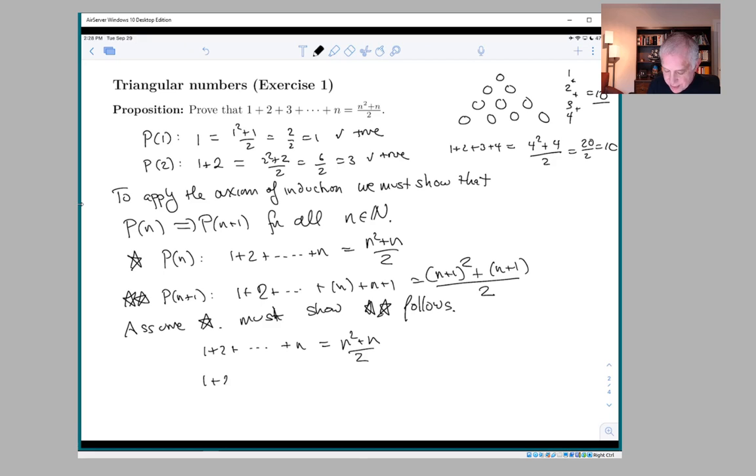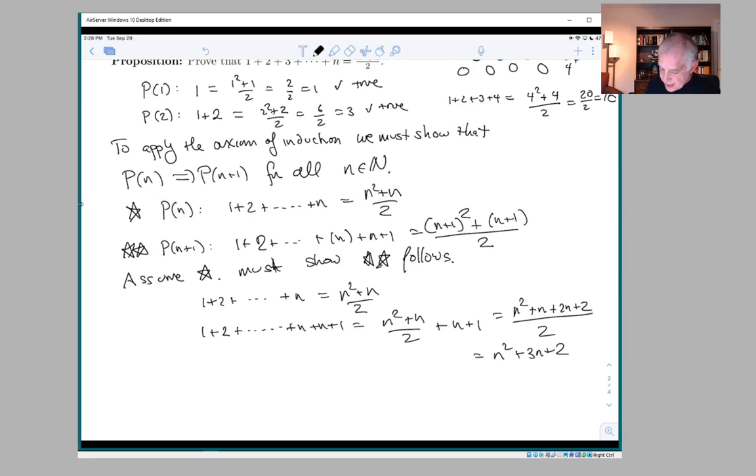We add n plus 1 to both sides. And we get n squared plus n over 2 plus n plus 1, which we can put over a common denominator. So it's n squared plus n plus 2n plus 2 over 2, which is n squared plus 3n plus 2 over 2.